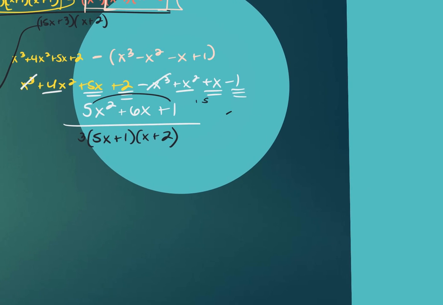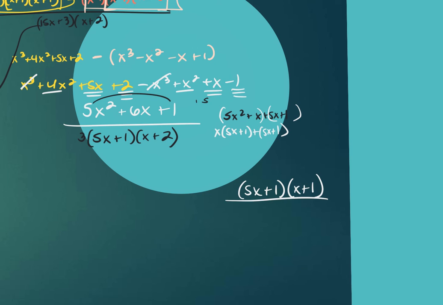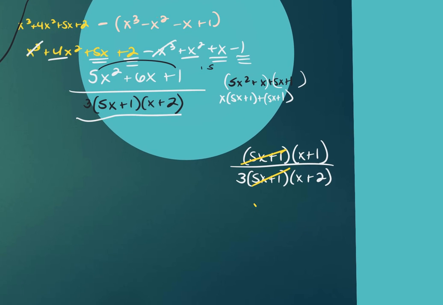So then I get 5x squared plus x plus 5x plus 1, and I factor by grouping. Take out an x, 5x plus 1, and there's already a 5x plus 1. So my numerator is 5x plus 1 times x plus 1, all over what I got from here, 3 times 5x plus 1 times x plus 2. And then the 5x plus 1's cancel, and I get x plus 1 over 3 times x plus 2.